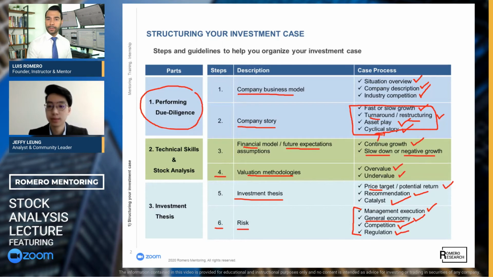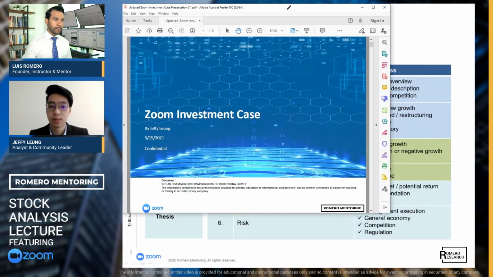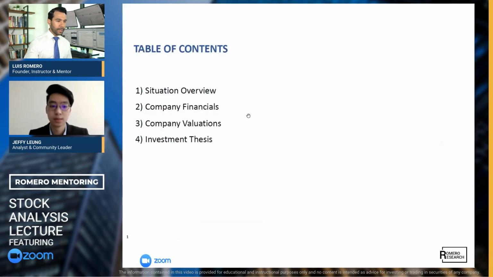And then we can also look at the charts as well, because it's something that I look at very closely to give us an edge on what other traders, portfolio managers, and just the overall sentiment of the market is on Zoom. So with that being said, let me pull up right here the presentation on Zoom, and we can go through this rather quickly. Let me maximize this. Actually, let me change this to full screen view. Here we go. And we can go through this, but before we do that, Jeffy, how are you?